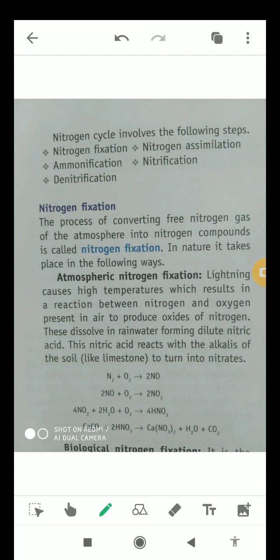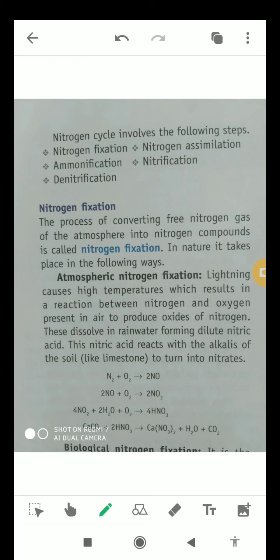As we all know, lightning causes high temperatures which result in a reaction between nitrogen and oxygen present in air to produce oxides of nitrogen. These dissolve in rainwater, forming dilute nitric acid. This nitric acid reacts with the alkalis of the soil to turn into nitrates.